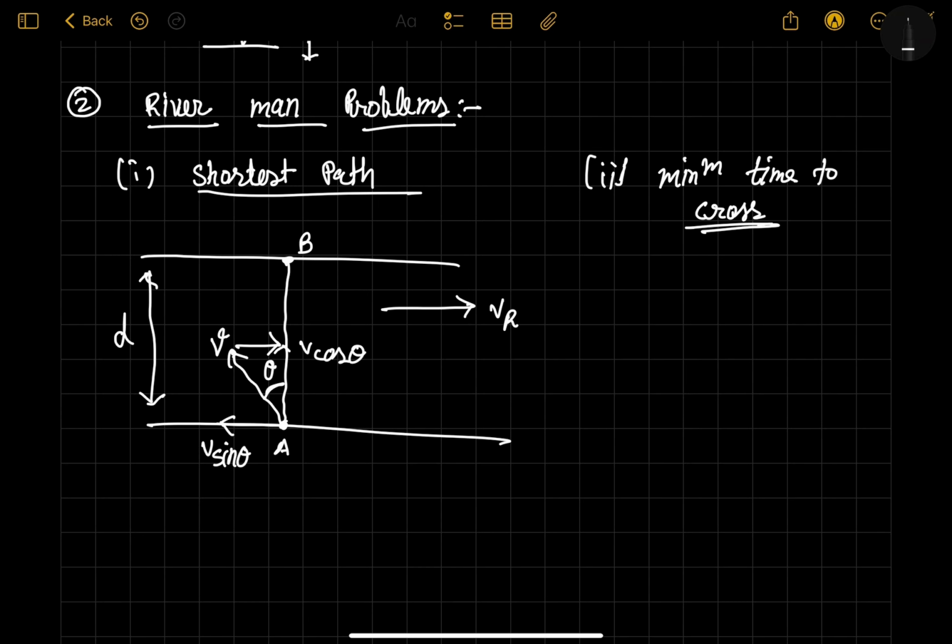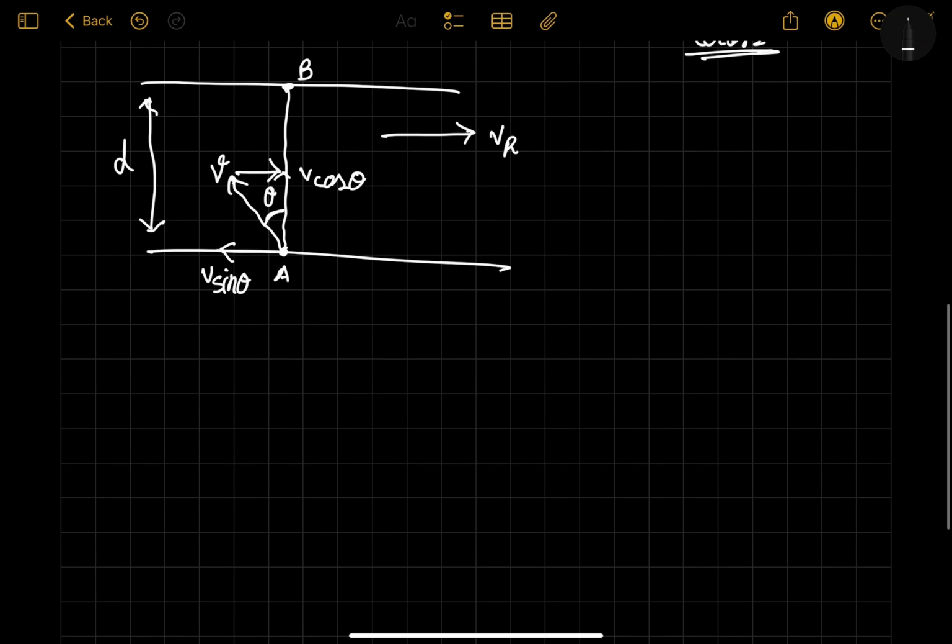For the shortest path, his v sin theta vector should be equal to the velocity of the river. Then only will he go exactly opposite to his initial point, from point A to point B. So v sin theta is equal to vr. This is the condition for the shortest path.